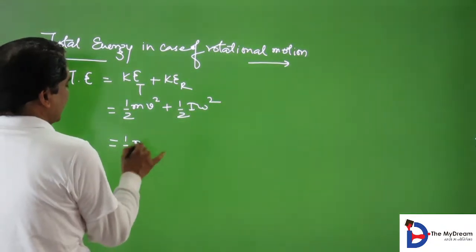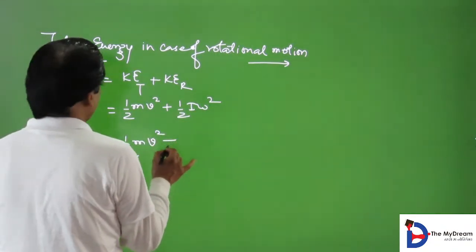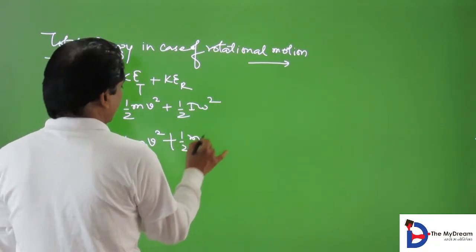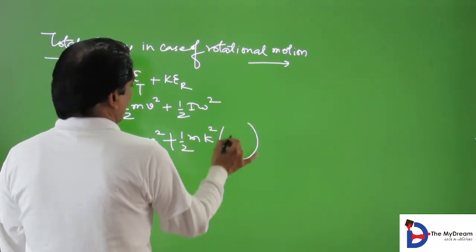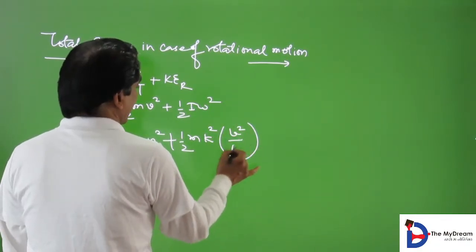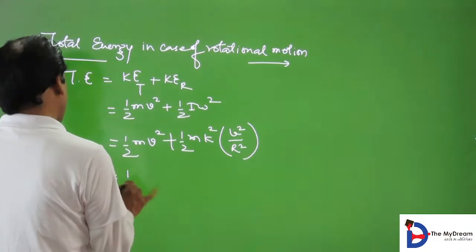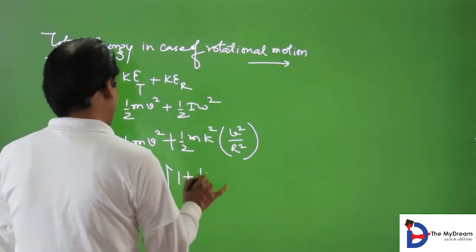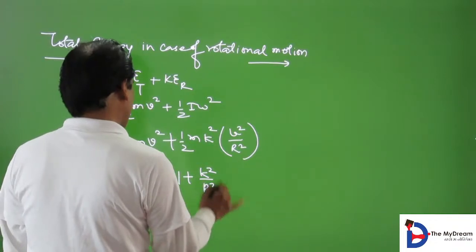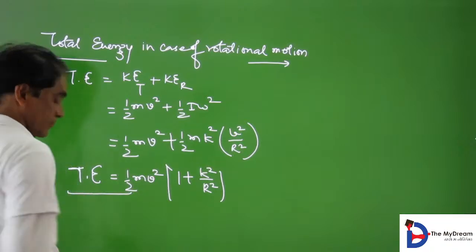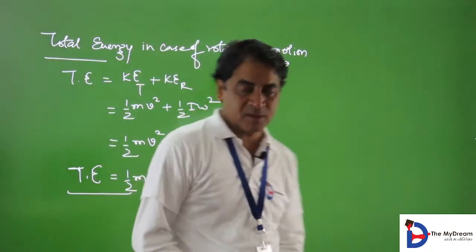I is equal to this: half m v squared plus half m k squared, v squared by r squared. Then you will get half m v squared, 1 plus k squared by r squared. This is the total energy.